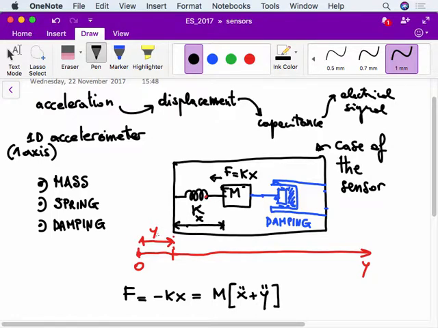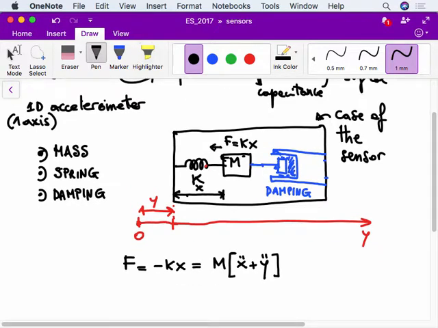So the acceleration is the second derivative of x plus y. So this is the quantity that we want to measure, the acceleration of the case with respect to the reference system. The case can be the phone, okay, the phone case.